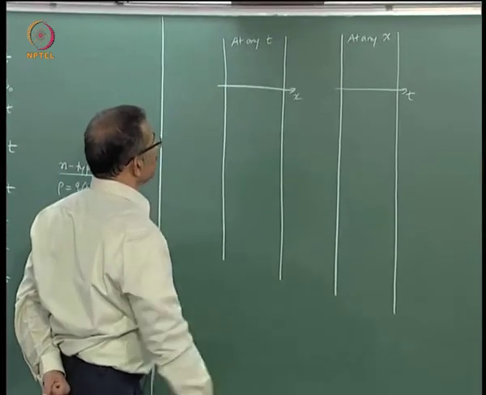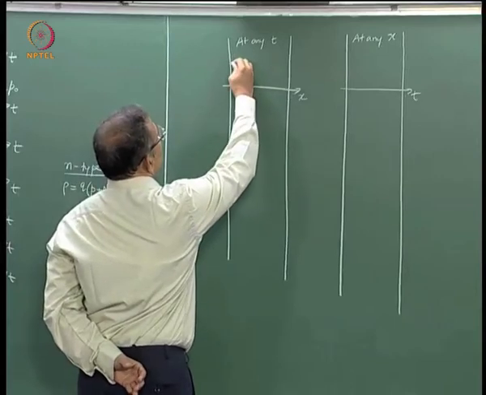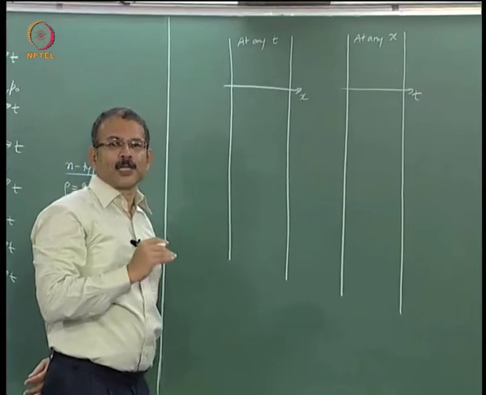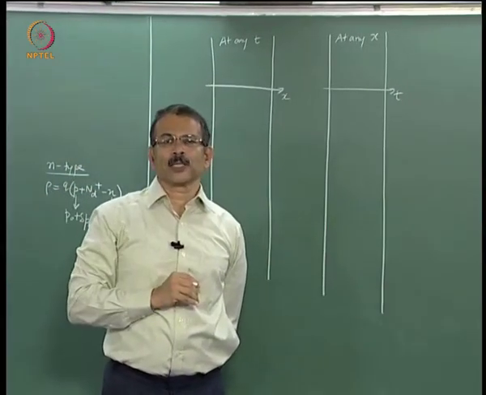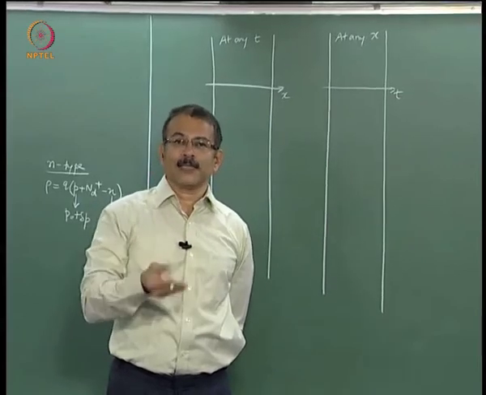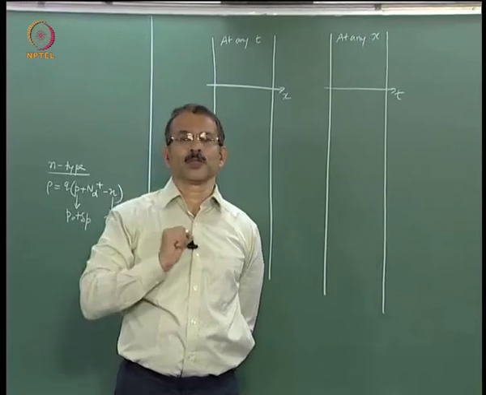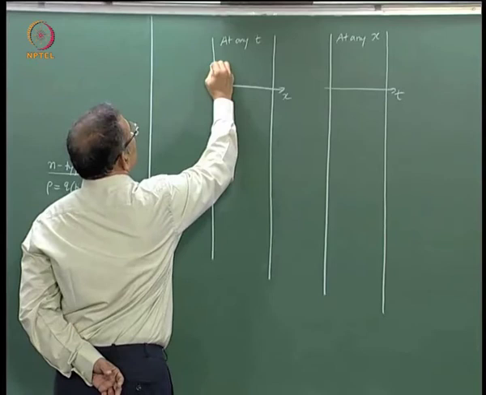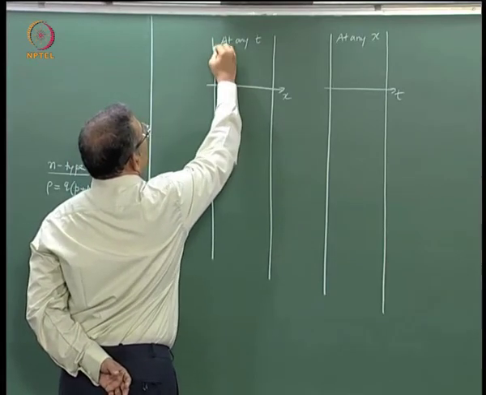So, let us start with electron and hole concentrations. For the electron concentration, we will use a linear scale, because otherwise we will not be able to show any variation of majority carrier concentration at all. We are assuming low injection level, whereas actually we have injected majority carriers, and it is their variation that we want to see. So, I am going to use a linear scale and show a cut.